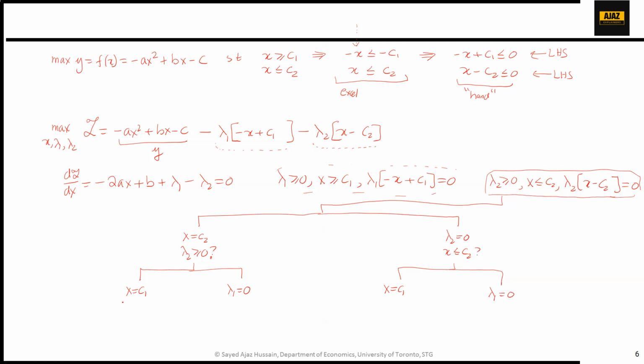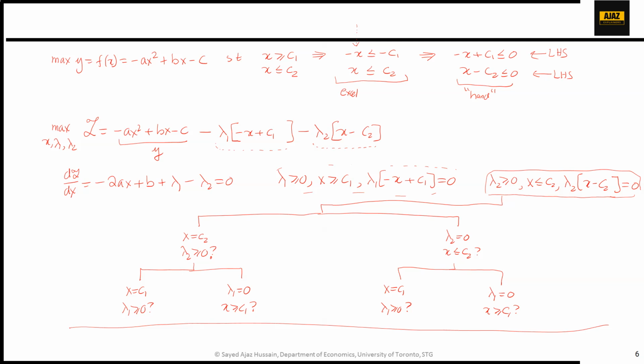If x is equal to c1, then you must check whether lambda 1 is bigger or equal to 0. And if lambda 1 is 0, you must check if x is bigger than c1. Same thing here. Lambda 1 is bigger than 0. Is that true? And is x bigger than or equal to c1? If I now take this to the next slide, I can summarize this.